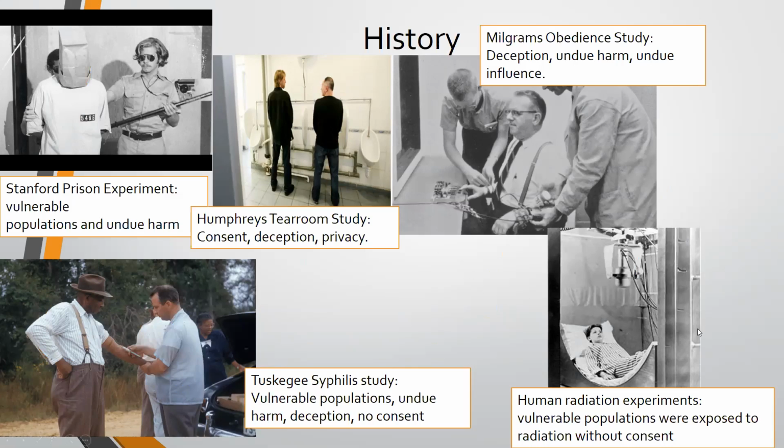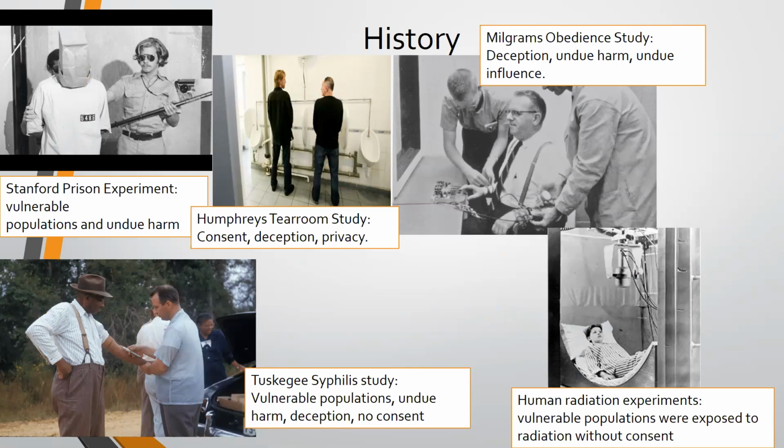Another big one that we talk about when it comes to the history is the tens of experiments that were done concerning human radiation. There were a lot of radiation experiments that were done with participants' consent. You know that radiation is one of the largest treatments for cancer right now, and we had to figure out how to use it somehow.